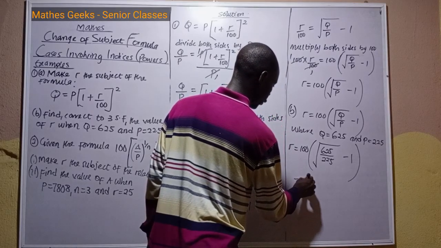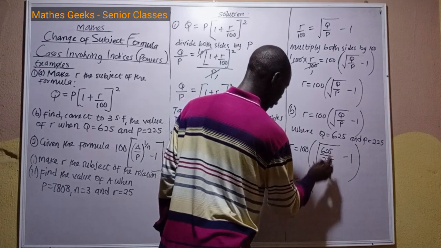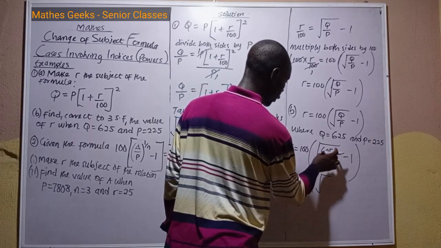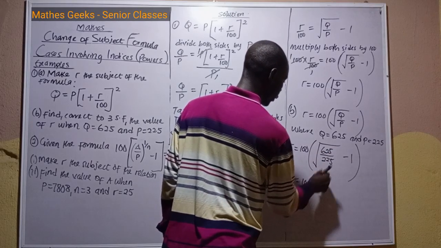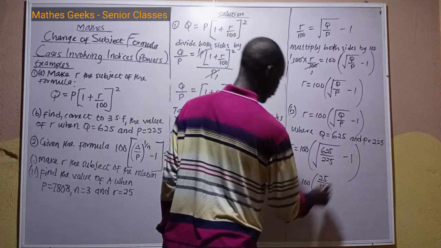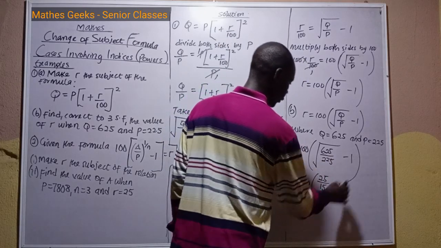The square root of 625 is 25, the square root of 225 is 15, minus 1.